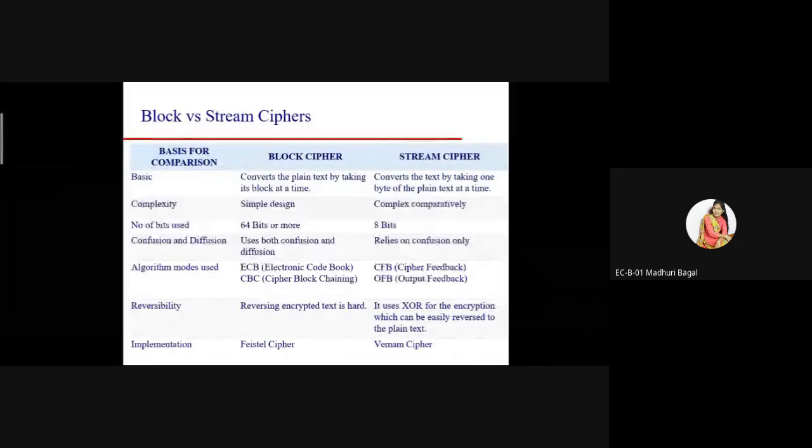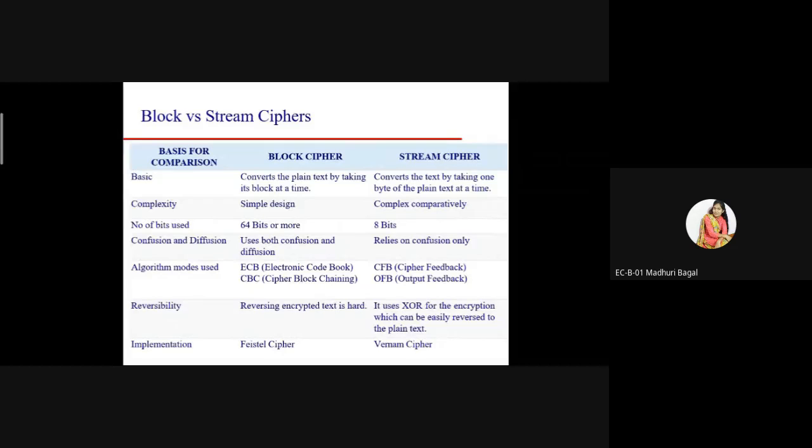Then block ciphers can use 64 bits, or it might be 128, so more than 64 bits can be used, but stream ciphers use 8 bits of data. How we transmit the information in bits, 8 bit, 12 bit, 16 bit, or 64 bits, we have to understand in upcoming algorithms.